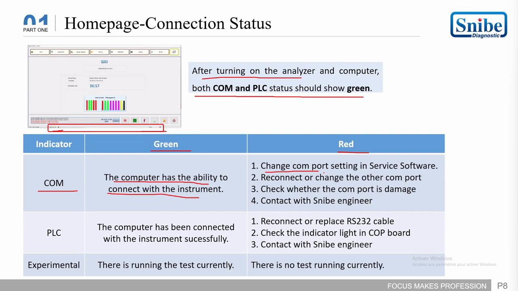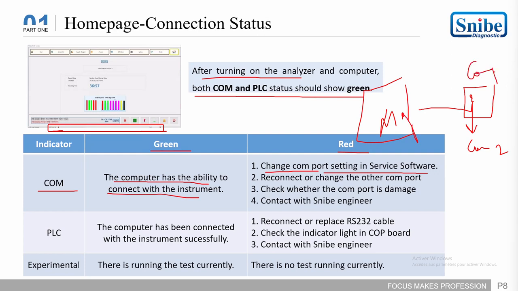So we need to take action, maybe change the communication port setting in the service software. Maybe in the computer, it is connected to COM2, for example. This is the analyzer, this is Maglumi, and this is the computer.